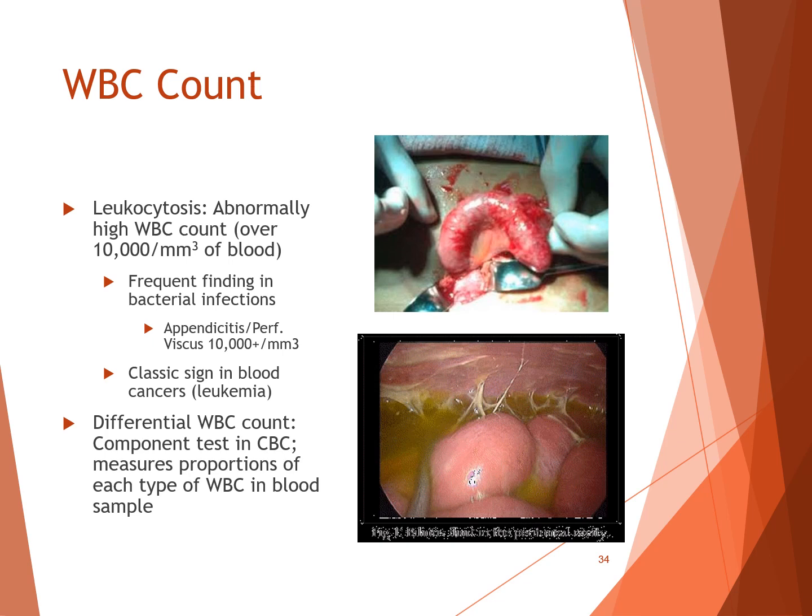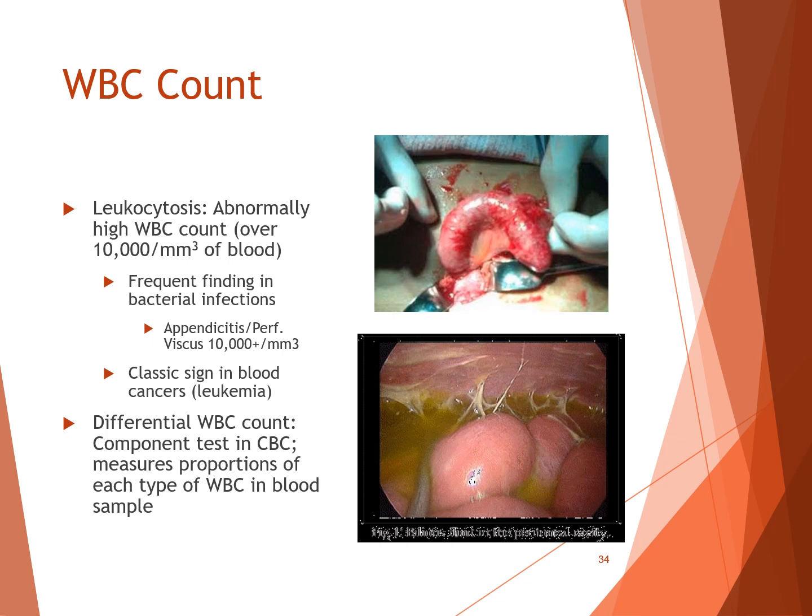Another test that we can perform in regards to white blood cell count is called the differential white blood cell count. And this gives us some good information regarding the proportions of each type of white blood cell in the sample. Not always do we see a high white blood cell count, but we might see a higher proportion of one to the other.